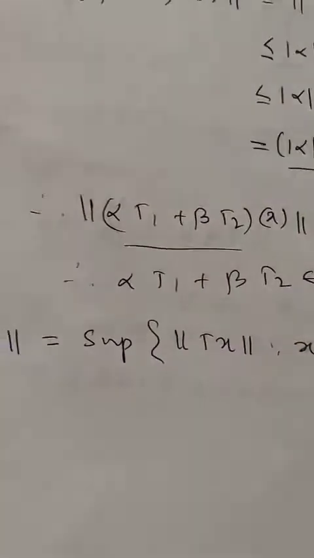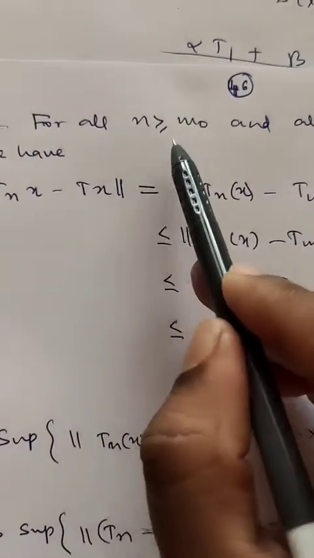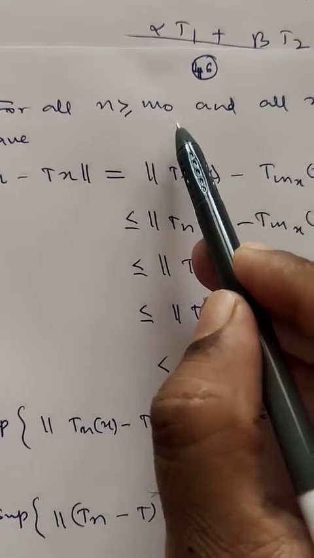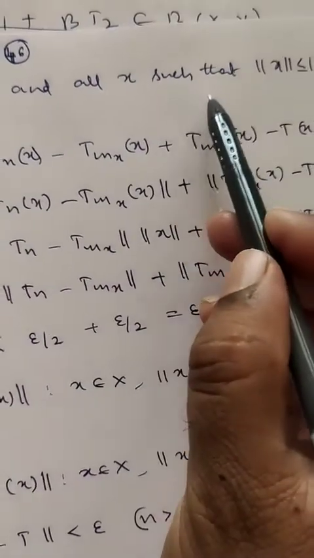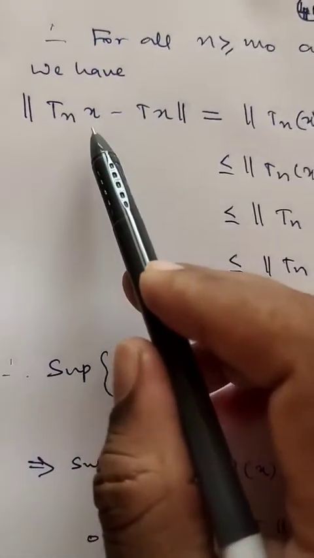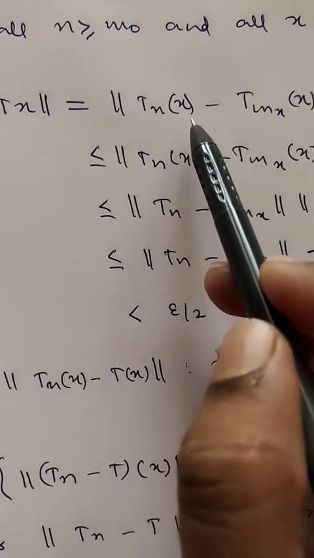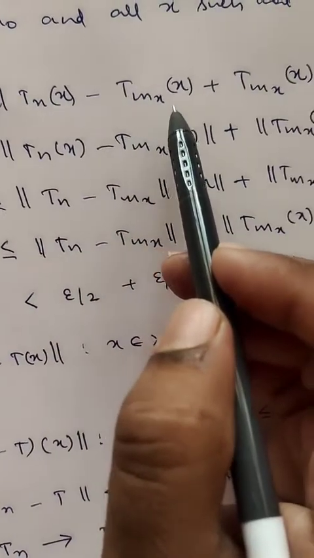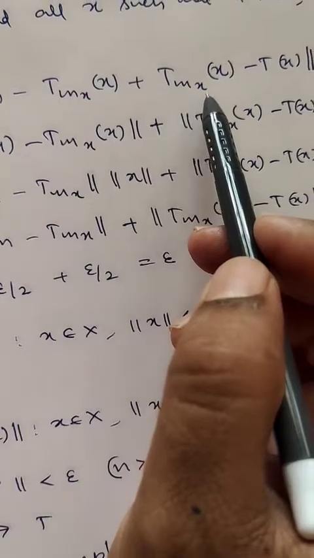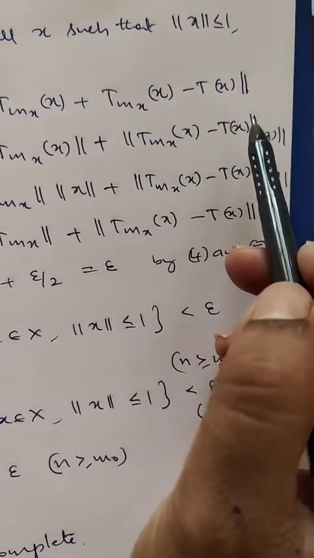Therefore, finally, for all n greater than or equal to m naught and all x such that the norm of x is less than or equal to 1, we have the norm of Tn of x minus T of x. This is equal to Tn of x minus Tmx of x plus Tmx of x, add and subtract, minus T of x.